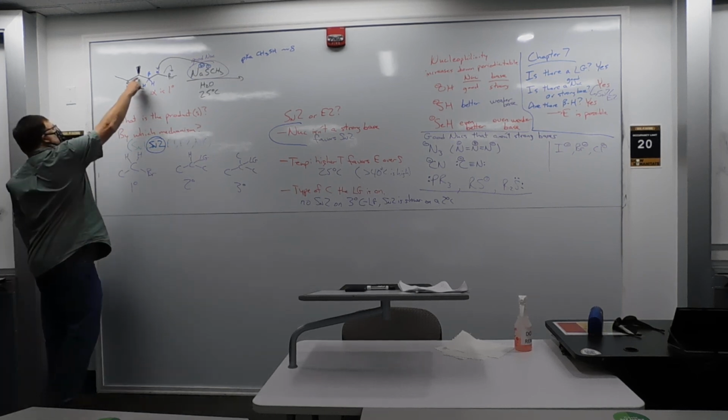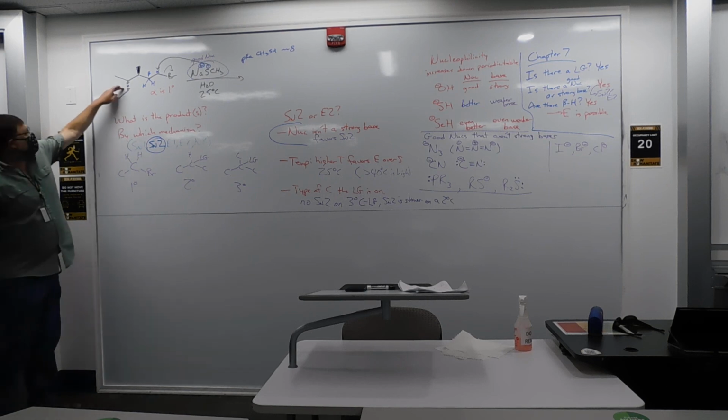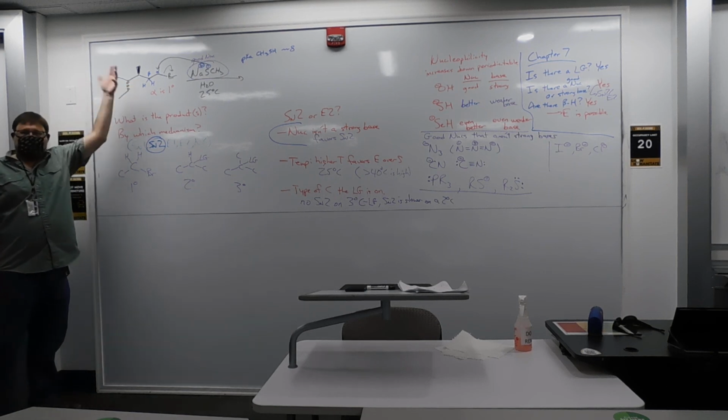A lot of times, I used to do this thinking it was just obvious and I didn't mention it in class. If you just memorize inversion of configuration with an SN2, but not that it's only on the carbon that's attacked, you might put a wedge there and a dash there, thinking everything inverts.